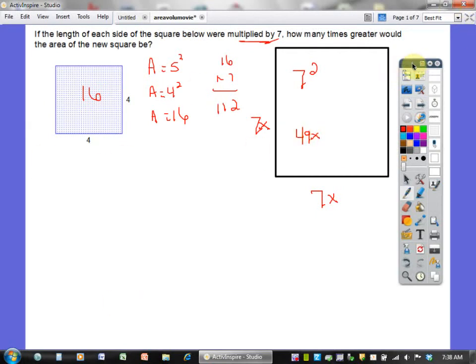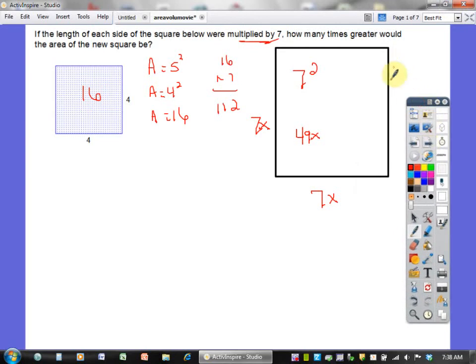Now, if we need to see some numbers to back that up, let's go ahead and find the area of this new square. If this one is going to be 7 times larger, then that means the new side length is going to be 7 times 4, which is 28. And this one would be 7 times 4, which is going to be 28 as well.